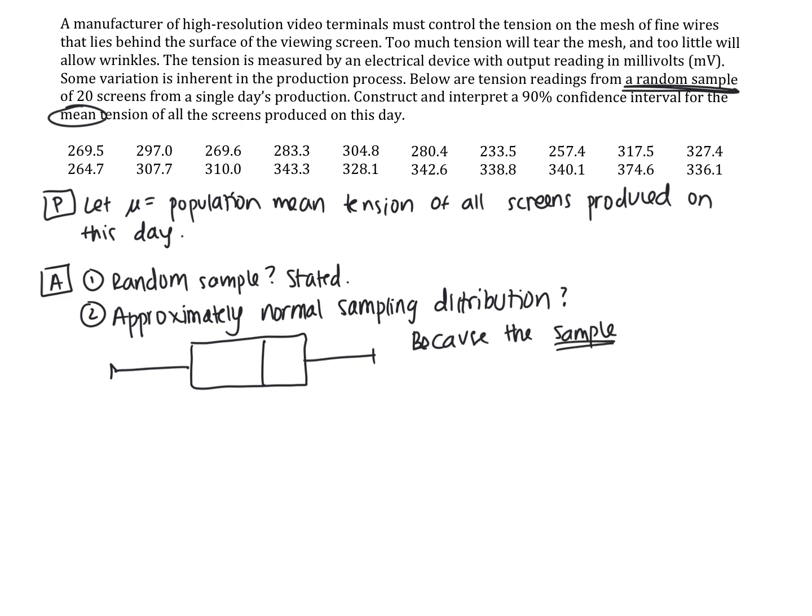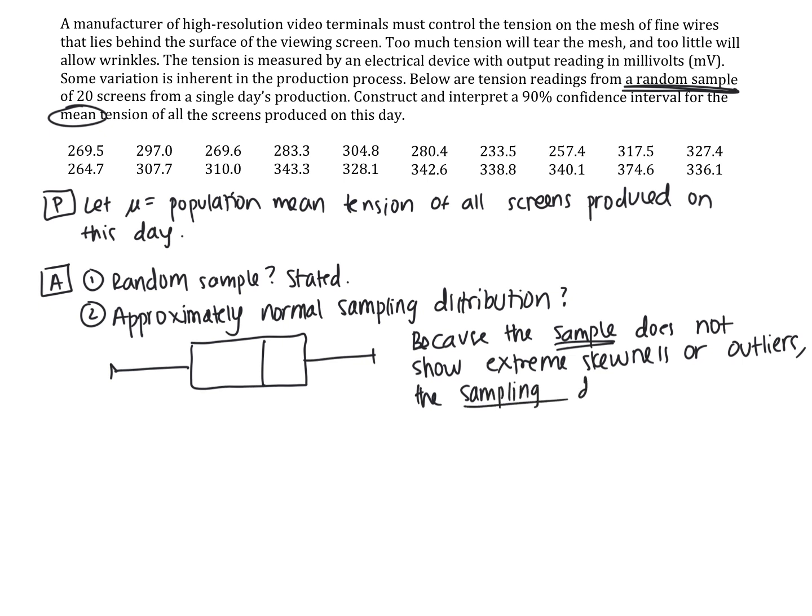Because the sample does not show extreme skewness or outliers, the sampling distribution is approximately normal.